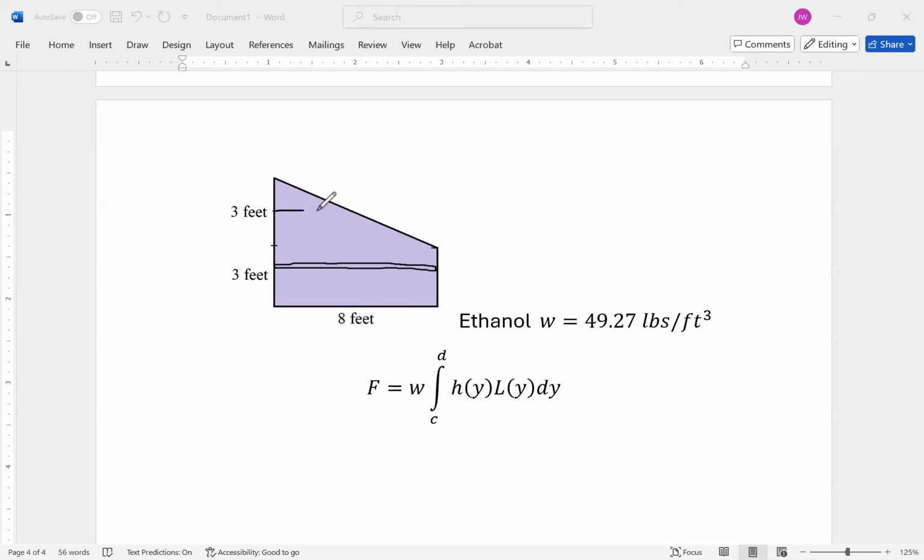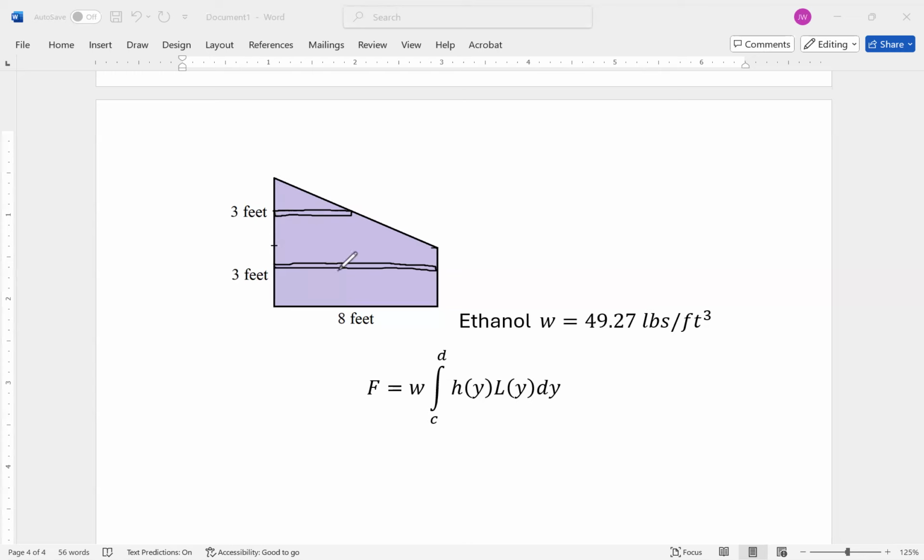However, in the upper part of the tank, if I have a representative rectangle, the right-hand side is going to be this line, and the left-hand side is going to be the vertical line.